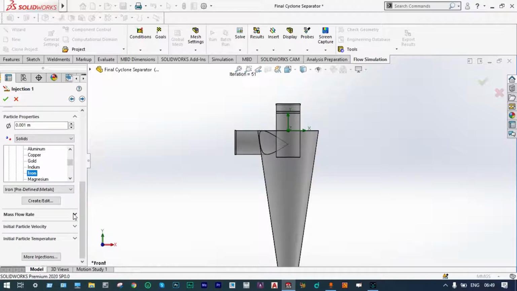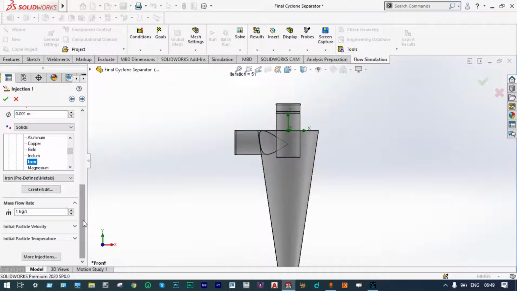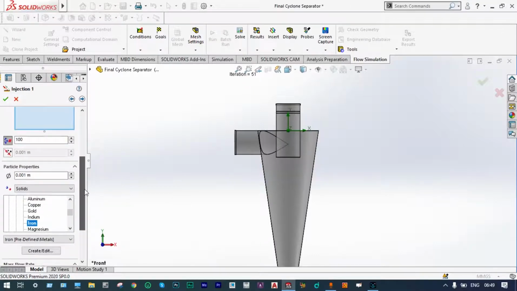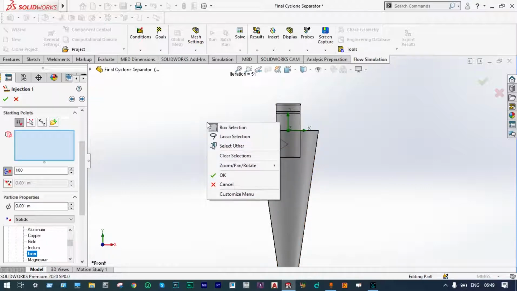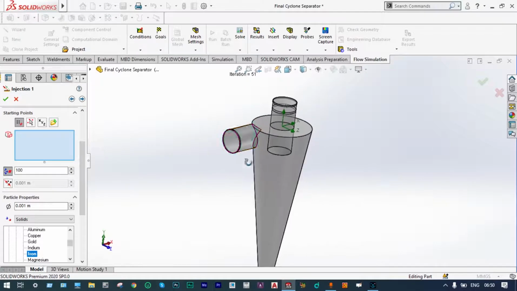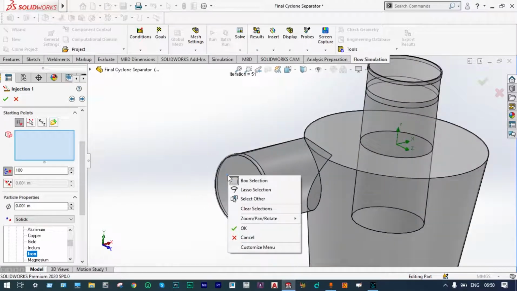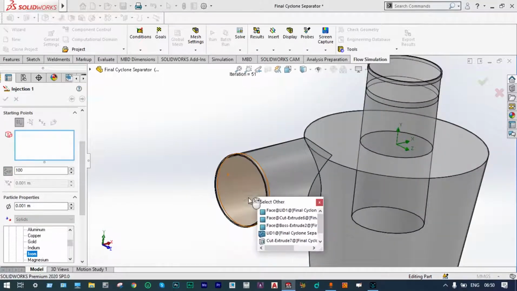Mass flow rate, it will be same like before, it will be 1 kg per second, and initial particle velocity and initial particle temperature we are not considering. Okay, we have to select that location from which the flow particles will be initiated. Let us select that location, select other.